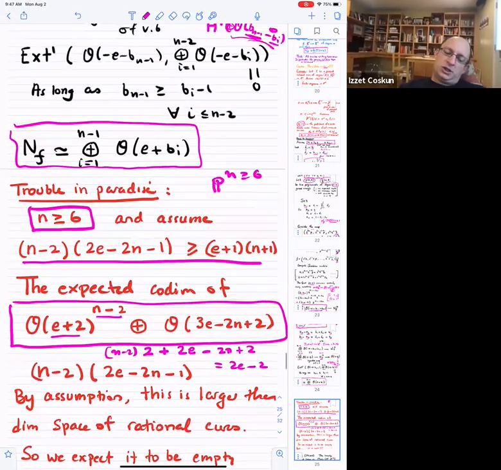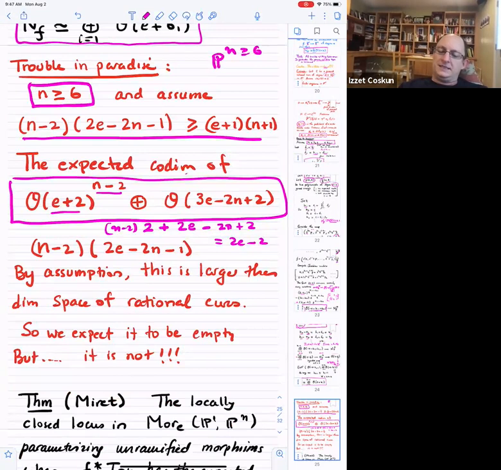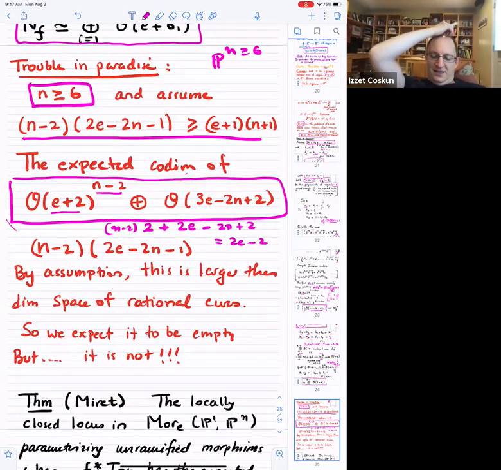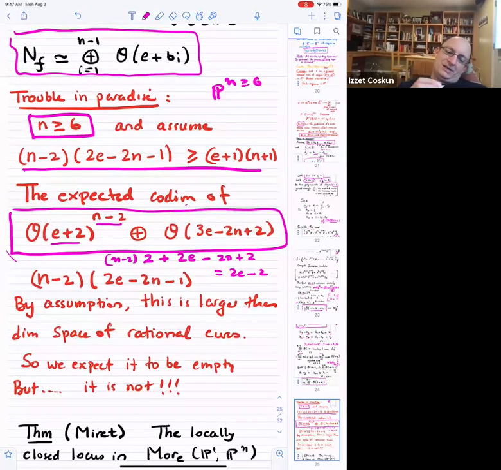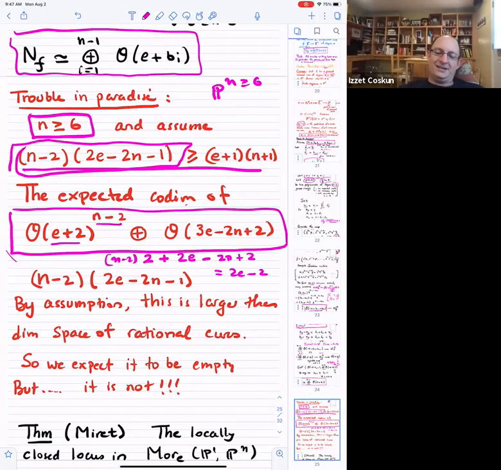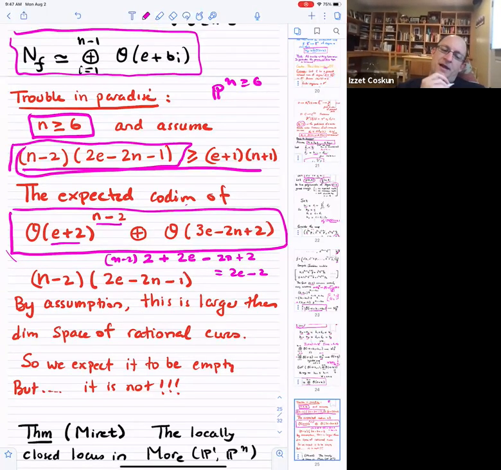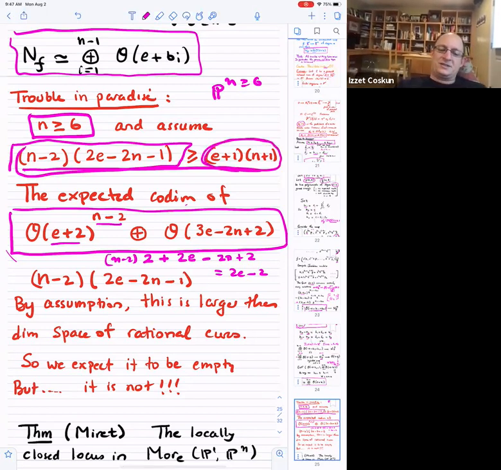But okay, so let's look at the expected codimension of this splitting type. Well, we know what the expected codimension of the splitting type is, because it's given by this. We know how to compute that. And this is like the space of rational curves.